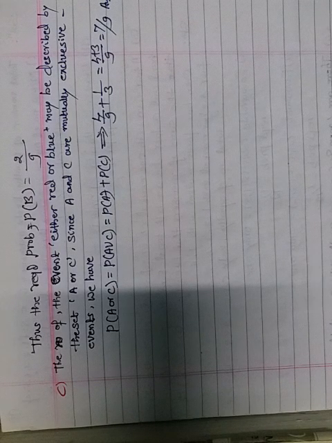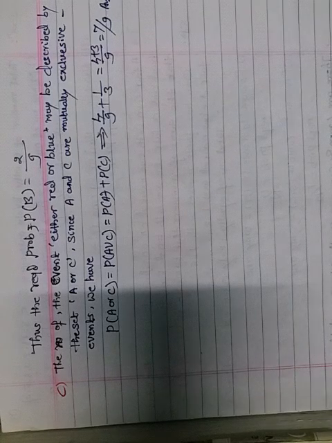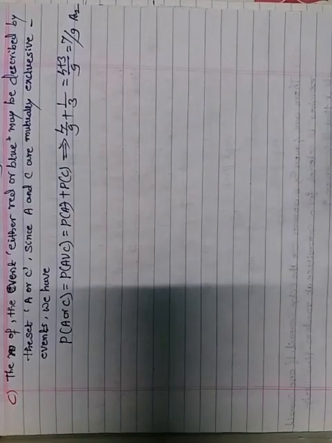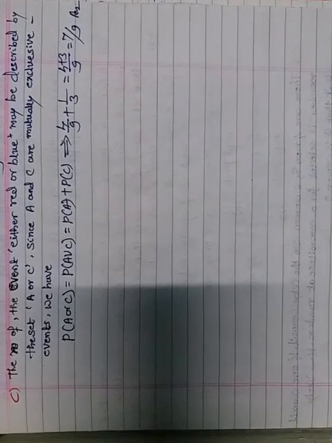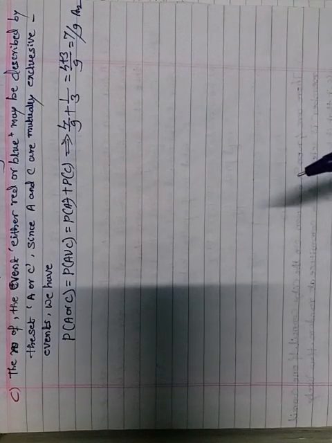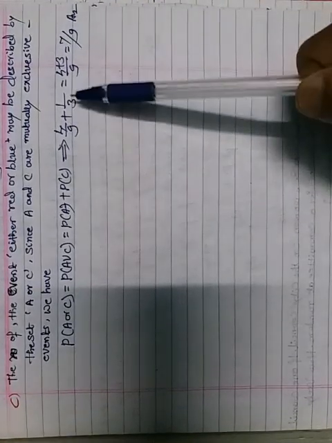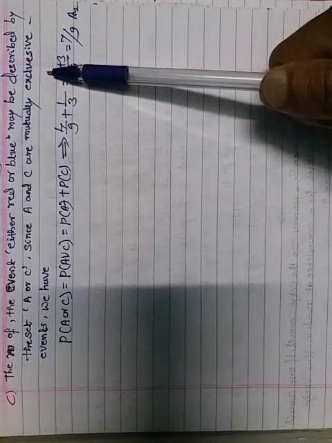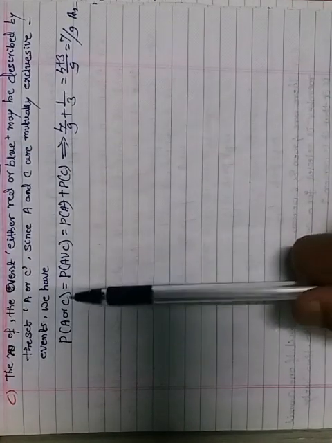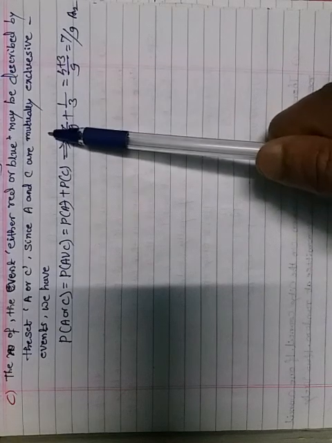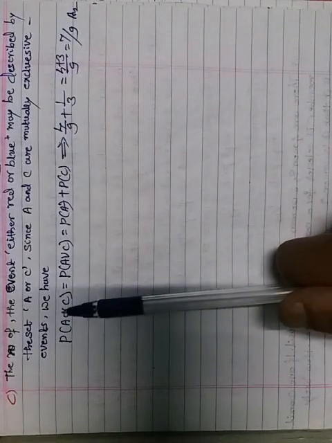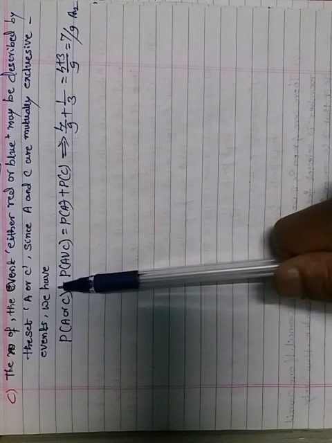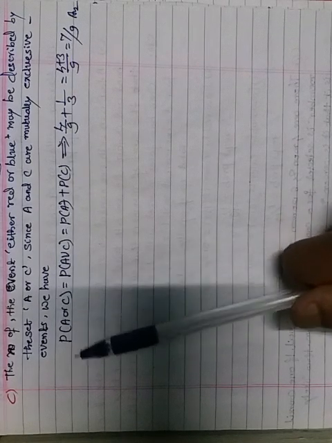It may be, it may not be. Therefore, what we have to find, since such events A and C are called mutually exclusive events. We have already been saying mutually exclusive event, and I repeatedly told you this earlier. You may have taken note of it.